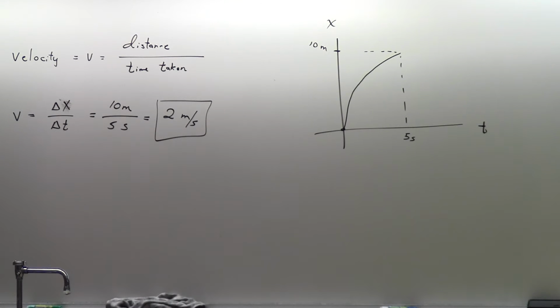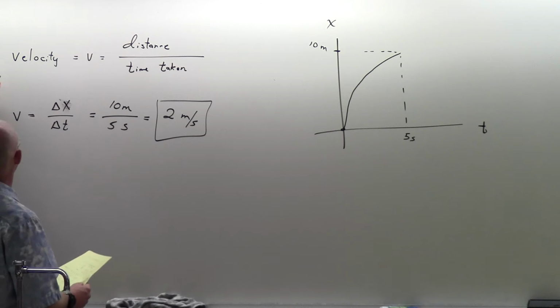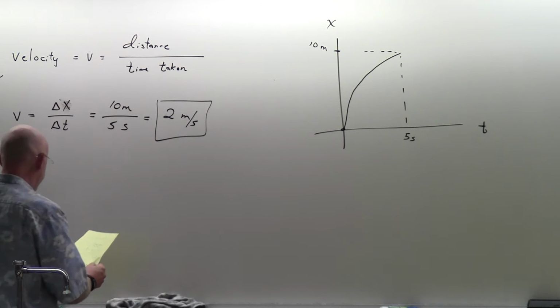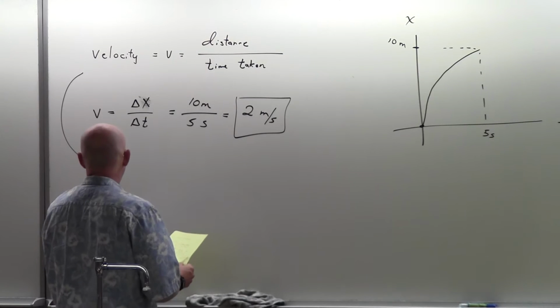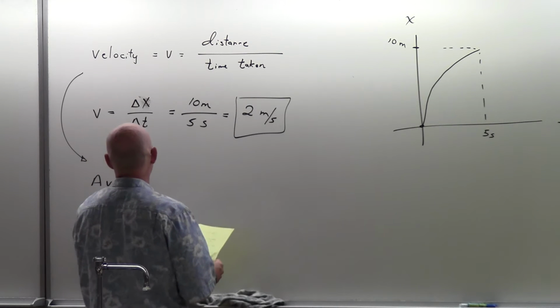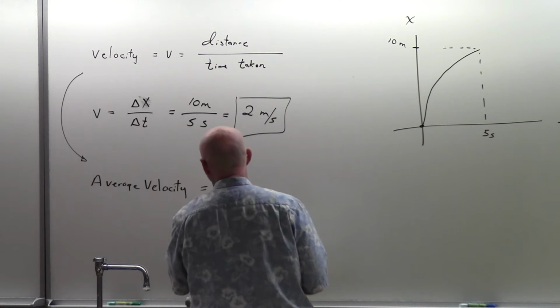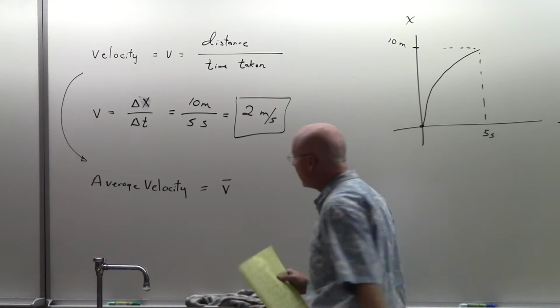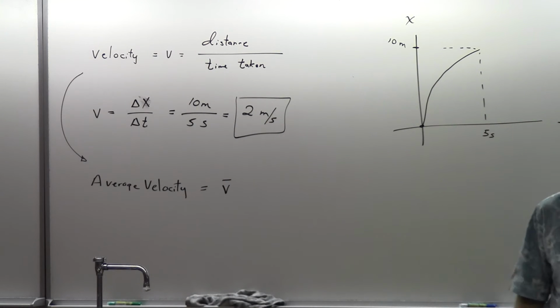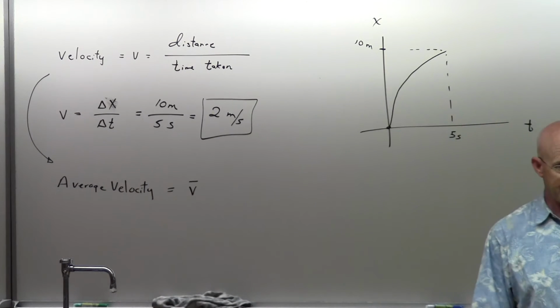And so maybe to be a little more precise here, I should rephrase this. I should really call this an average velocity. Let's use the symbol from our math class, and maybe I'll ask you guys, are you familiar with the bar over it? Yeah? All right.